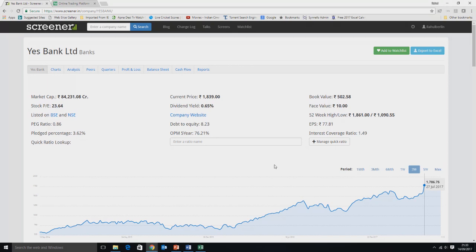So right now it's not a good time to invest in Yes Bank. When it corrects and goes to the level of something around 1400 to 1500, then we could think of investing in Yes Bank once again. Not at this moment, but we can put this into our watch list for further analysis, right?